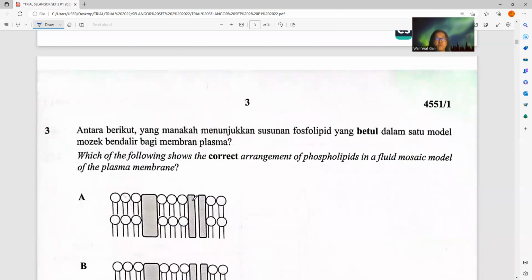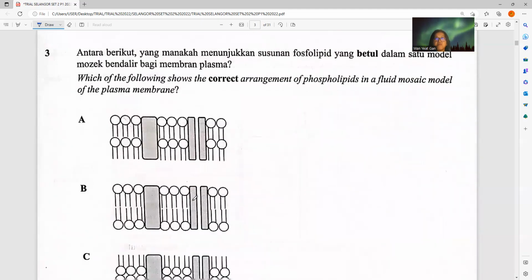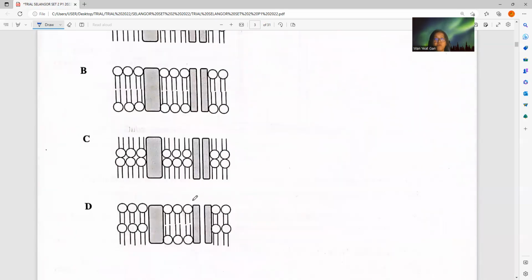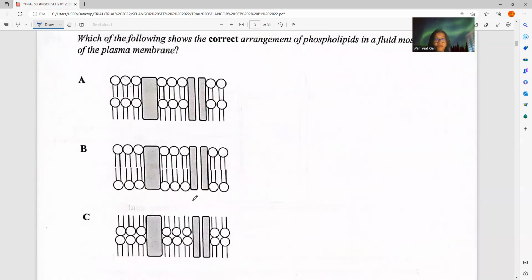Question 3, which of the following shows the correct arrangement of phospholipid in a fluid mosaic model? Okay, so this is a phospholipid. Now, phospholipid is a bilayer at the plasma membrane.